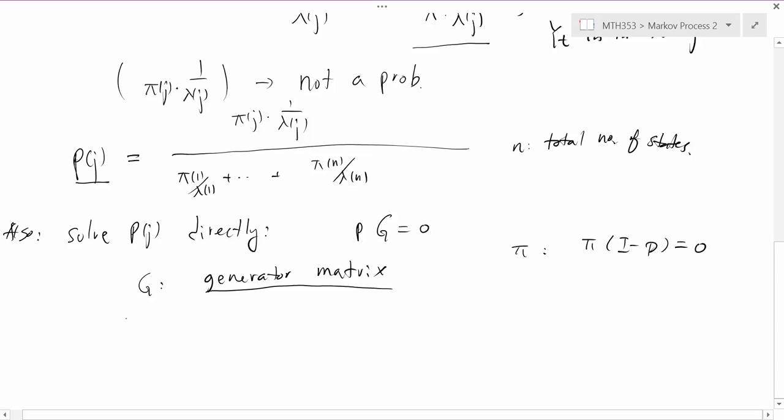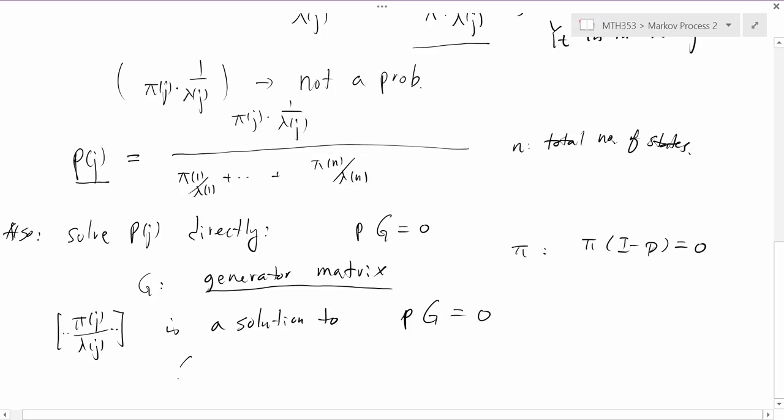Pi times (1 minus P) is equal to 0, right? So if you look at this one over here, it's easy to understand that this vector, pi j over lambda j, not yet a probability vector, is a solution to the following system, PG equal to 0.